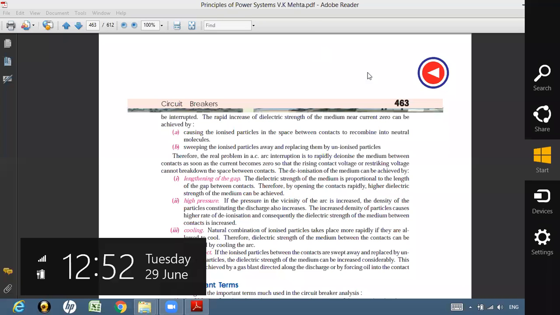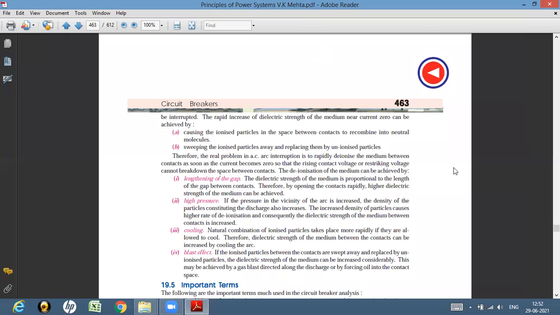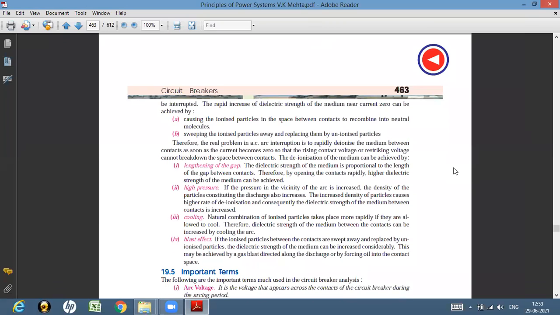There is no harmful effect in the circuit breaker. Okay, so I think you can get an idea of how the arc is generated inside the circuit breaker, and how this arc is extinguished, or quenched, within the minimum possible shortest time, so that the circuit breaker can operate in a healthy condition.